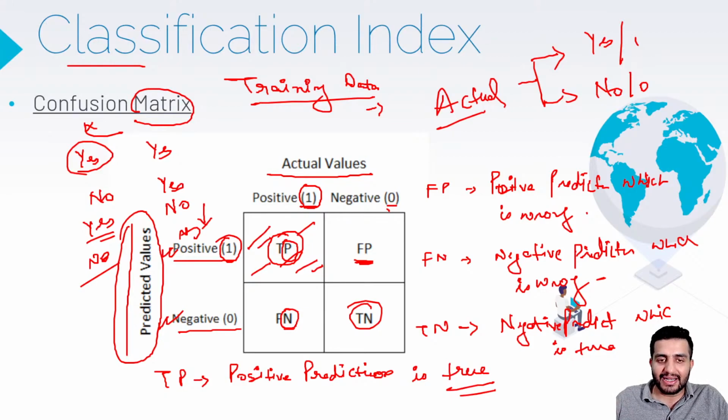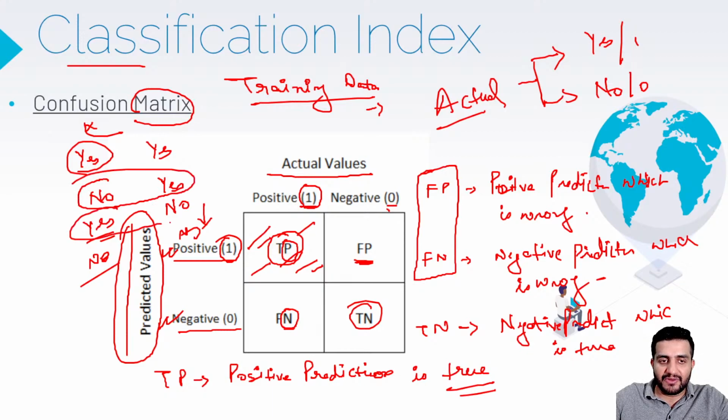TN: predicted negative but true. TP: predicted positive but true. Clear? And if you could imagine, these two are the 2 different types of errors we were looking at. Originally it was no, but predicted yes. But originally yes, we predicted no. These are my 2 different types of errors, FP and FN, right?